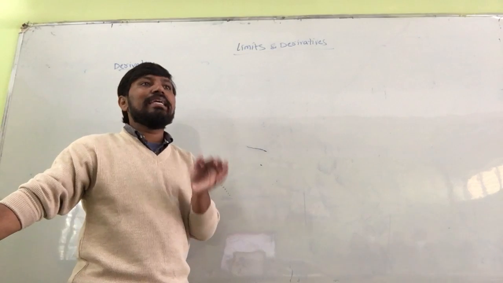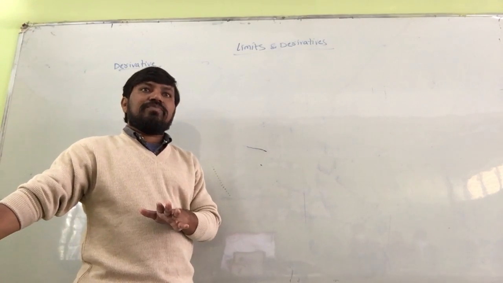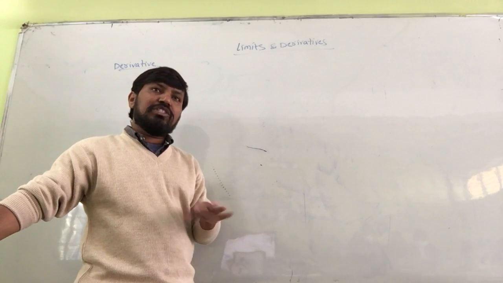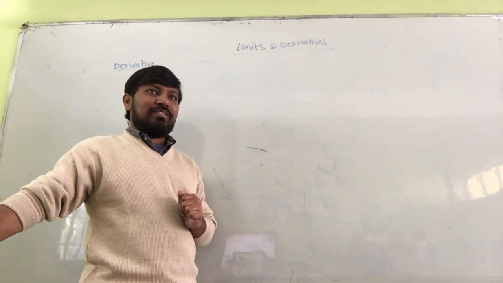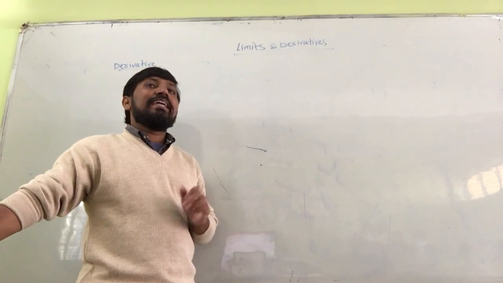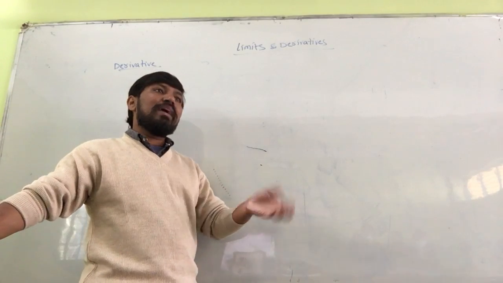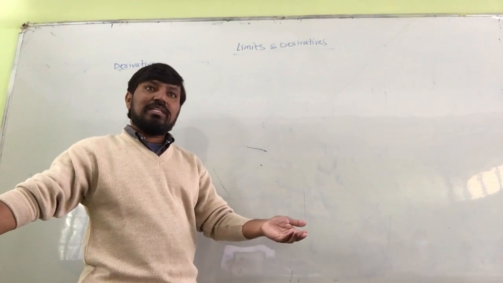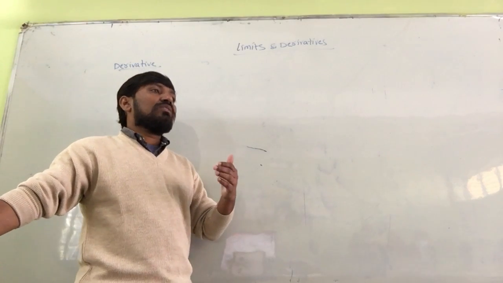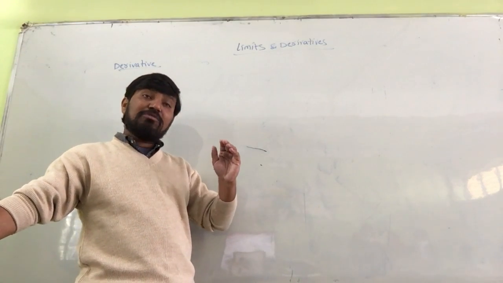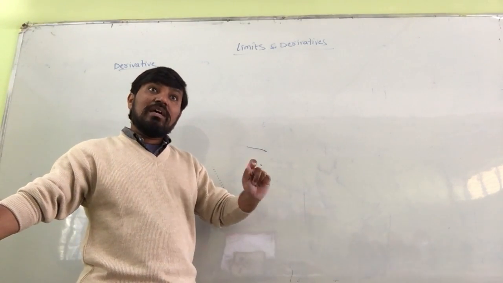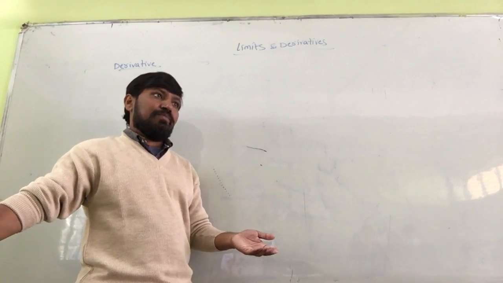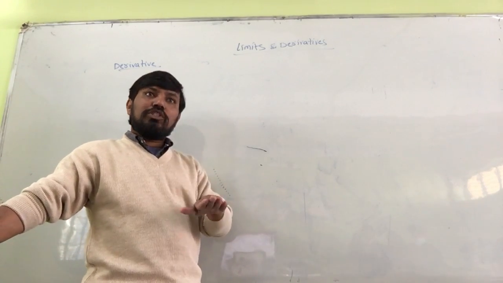Suppose f is any real valued function. Real valued function and real function, what is the difference? Do you know? A real function is a function whose domain is the real numbers. A real valued function is a function whose range is real, that is, after substituting a real number, the value of the function should be a real number.